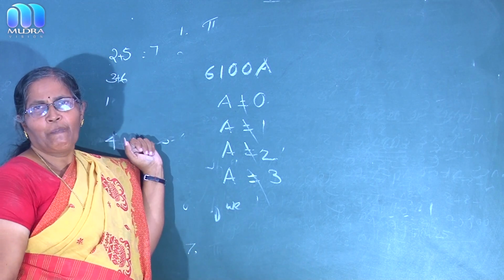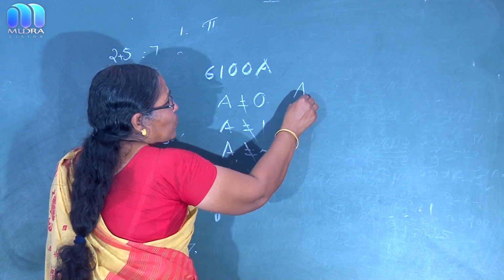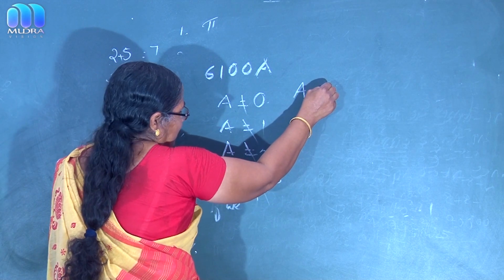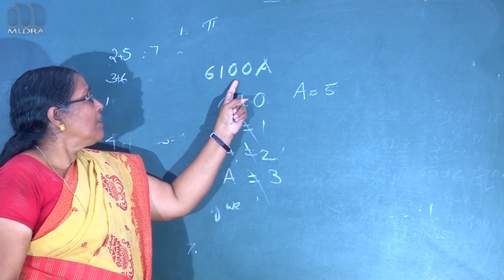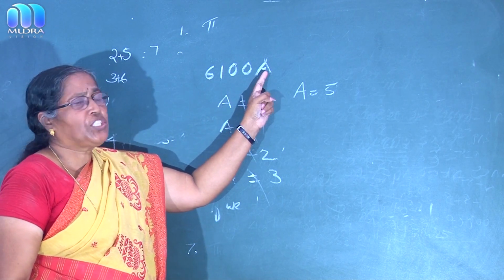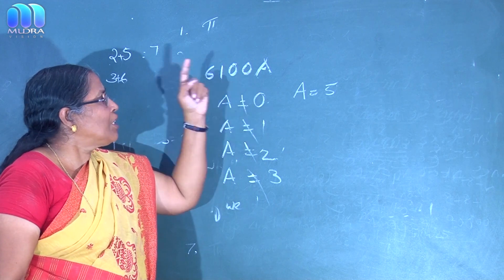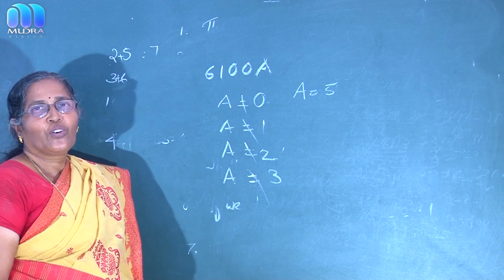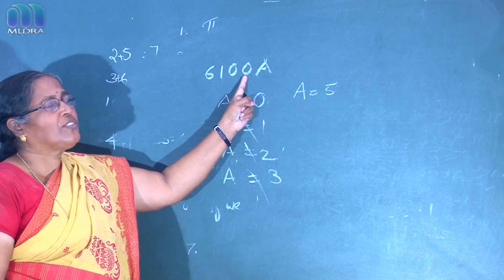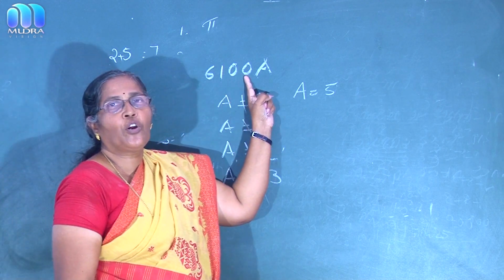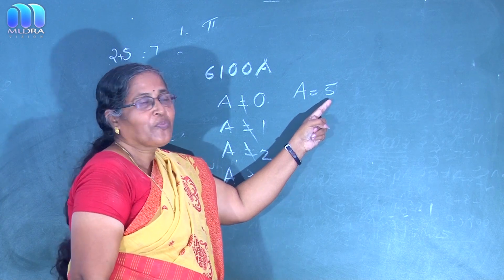Then what is A? Is A equal to 5? Look here, if the last digit is 5, we know the 10th place is 2. Here the 10th place is 0, so it will not be 5.